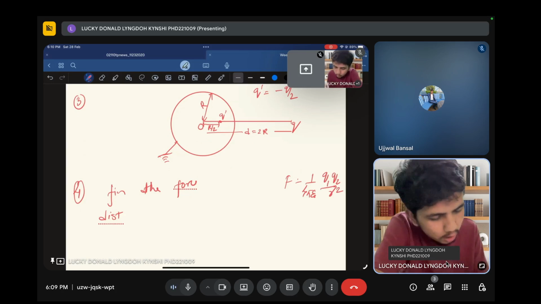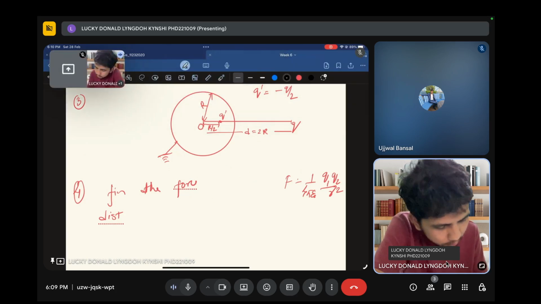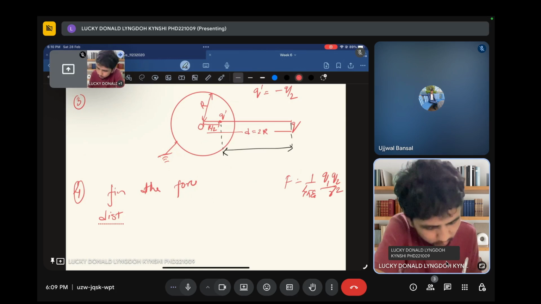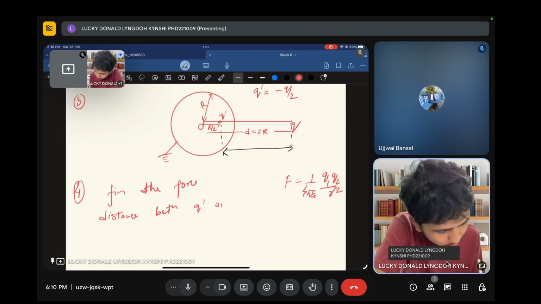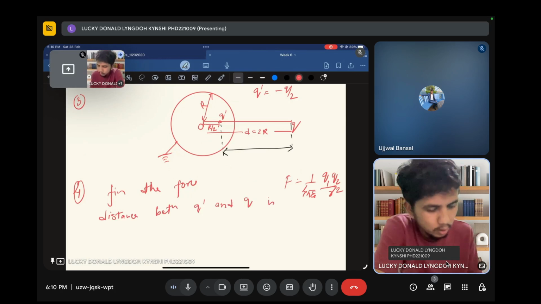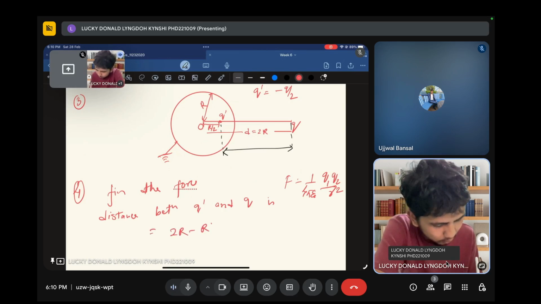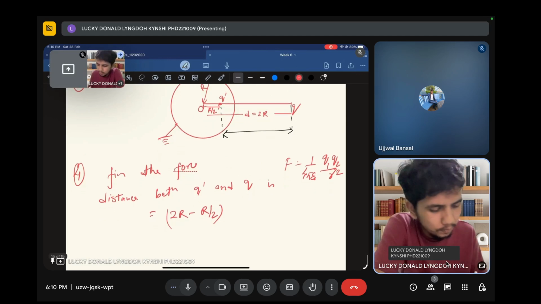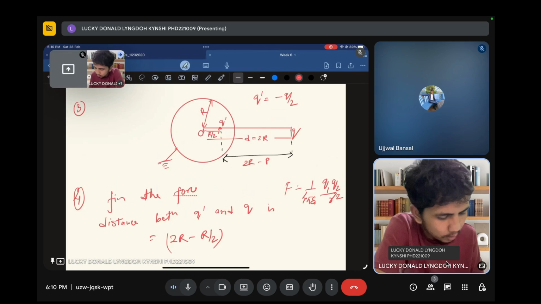Now you also need to know the distance between this charge plus q here and this q prime here. The distance between q prime and q you can write as 2r minus r by 2, because 2r is from the origin to q, and r by 2 is from the origin to q prime.